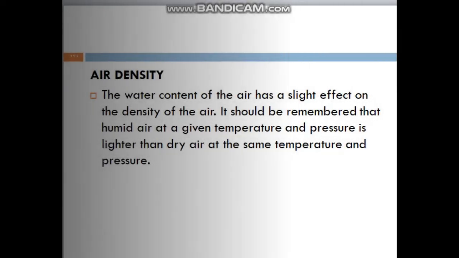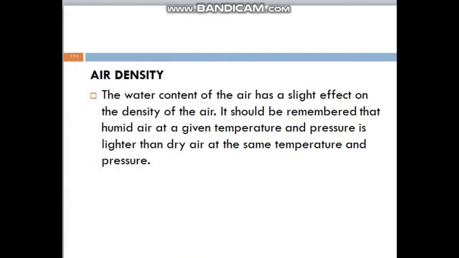Air density. The water content of the air has a slight effect on the density of the air. It should be remembered that humid air at a given temperature and pressure is lighter than dry air at the same temperature and pressure.